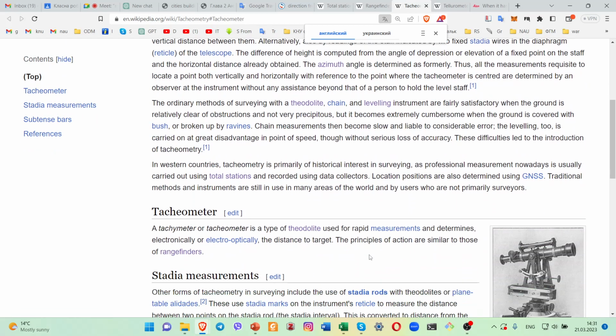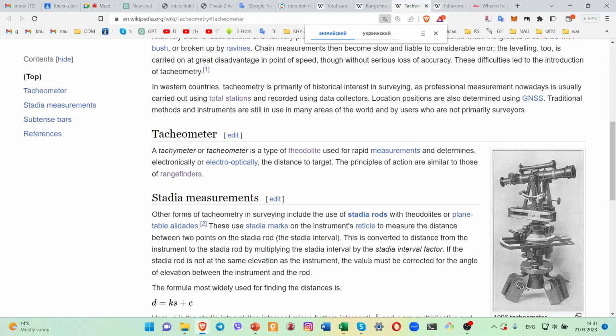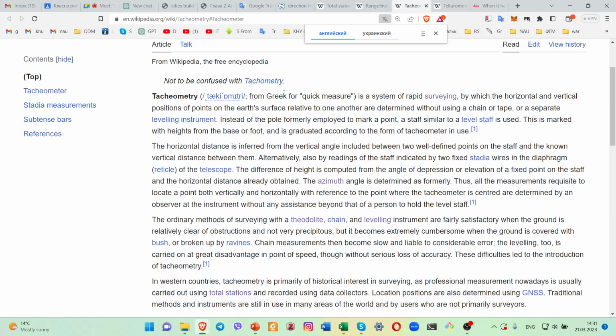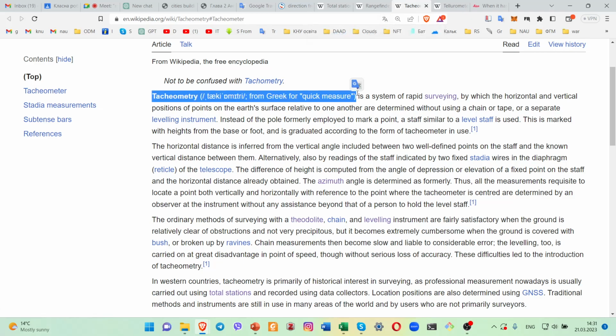And we use tachymetry, just as a system of rapid surveying by which the horizontal and vertical positions of points on the Earth's surface relative to one another are determined without using a chain or tape or a separate leveling instrument.